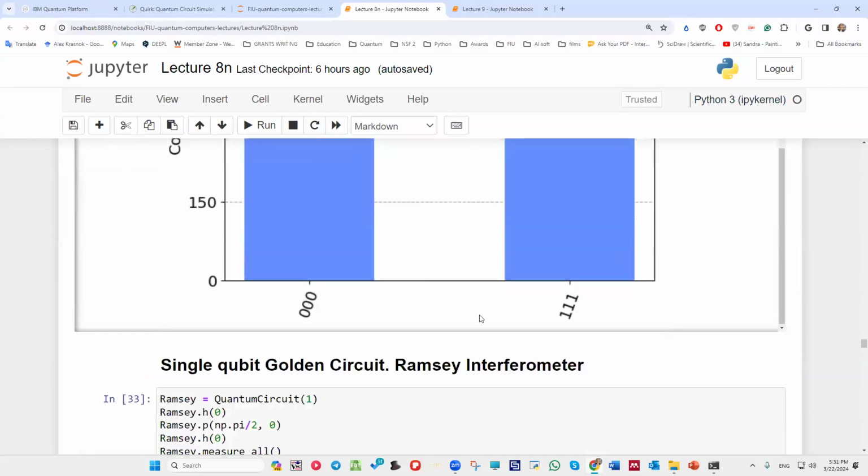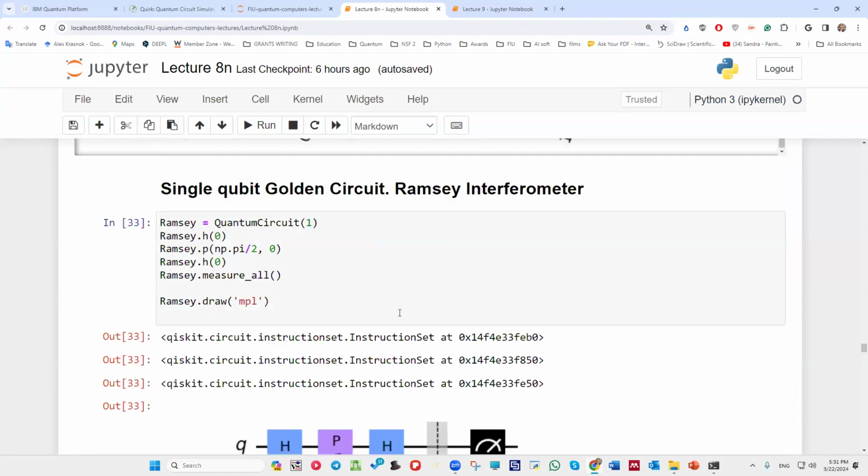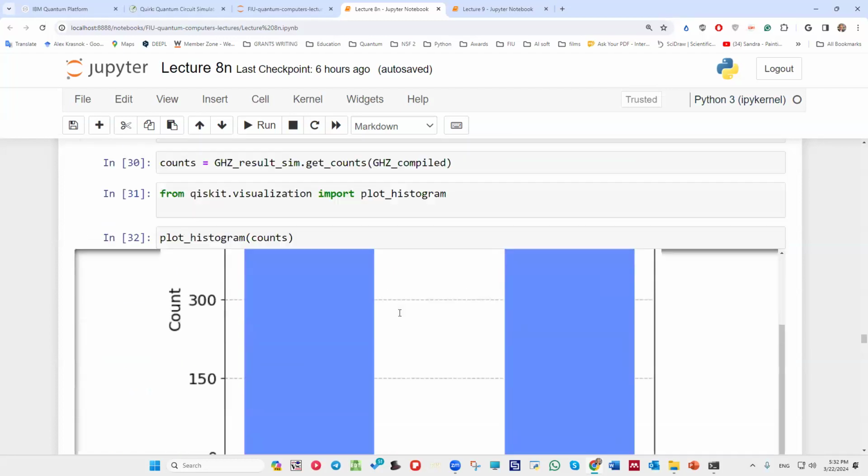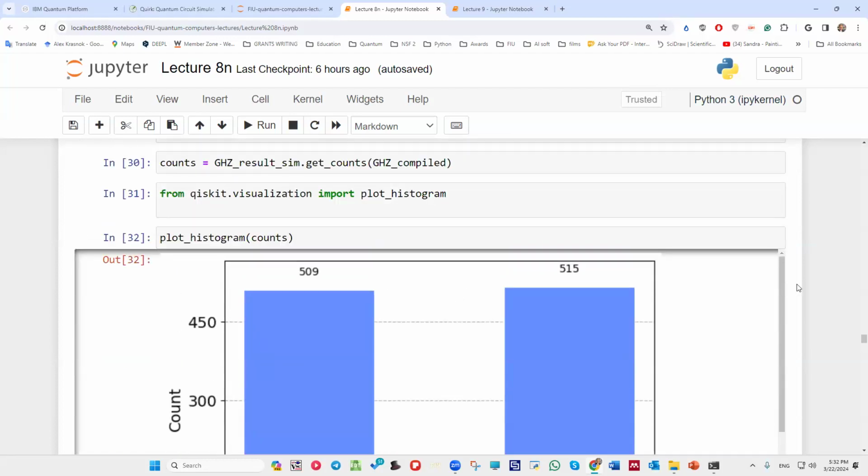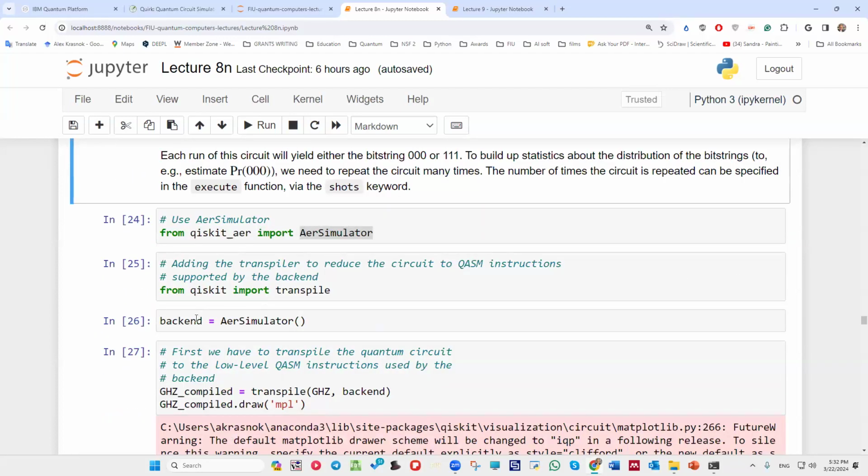We discussed the principles of transpiling, which is the process of making the circuit more feasible for the quantum computer simulation.